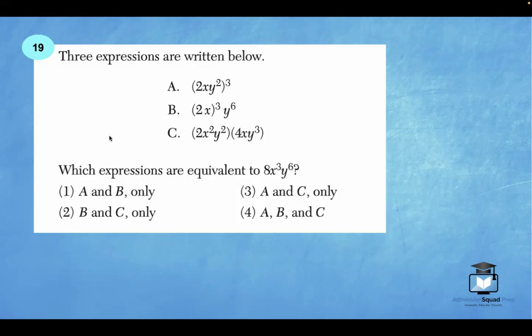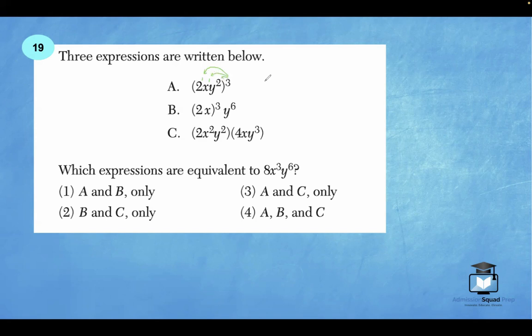Let's continue. 3 expressions are written below. You have A, B, and C. Which expressions are equivalent to 8x cubed times y to the 6th power? So we're going to use our exponent rules to figure this out. Anytime you raise an exponent to another exponent, you're going to make sure that each number or variable has an exponent, and then we're going to distribute the 3 to each of these exponents.